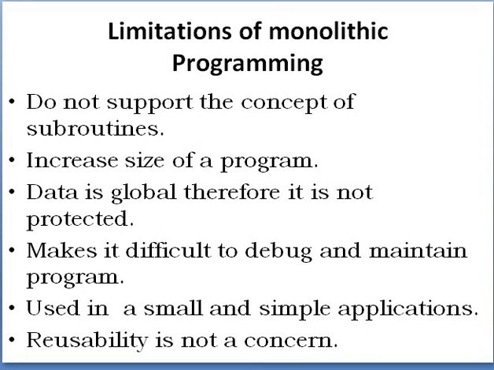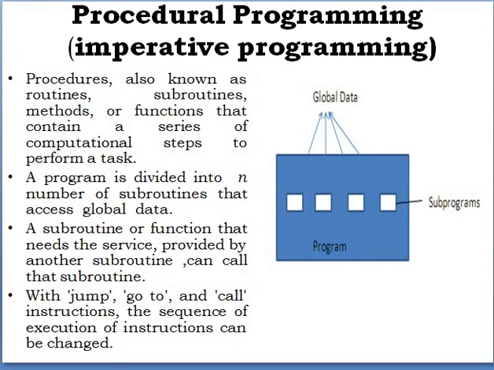Next, the second one is procedural programming. It is also called imperative programming. Procedures are also known as routines, subroutines, methods, functions that contain a series of steps which perform a specific task. Generally, a program is divided into n number of subroutines that access global data.